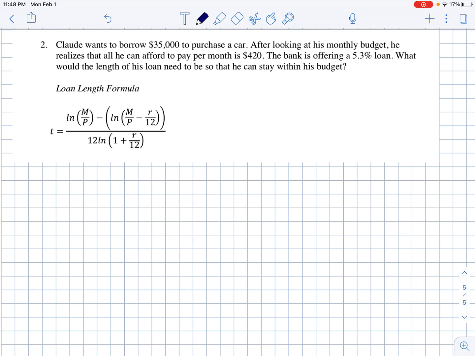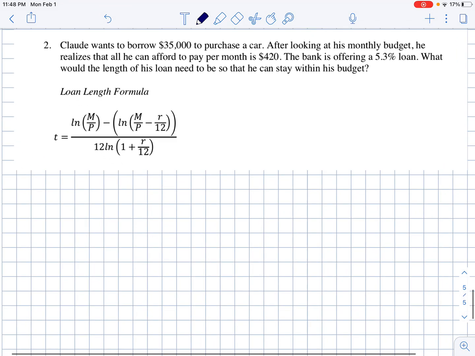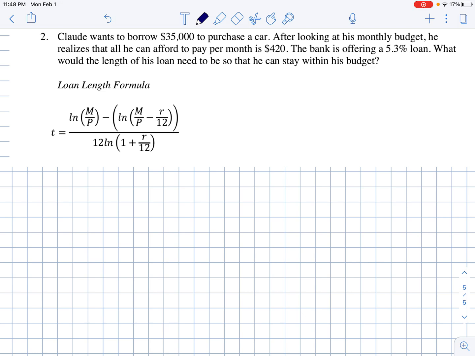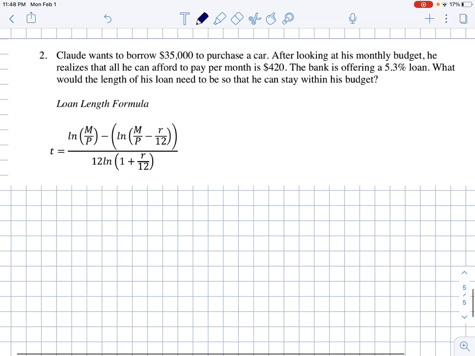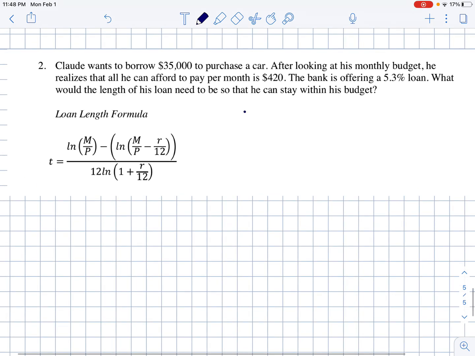Claude wants to borrow $35,000 to purchase a car. After looking at his monthly budget, he realizes that he can afford to pay $420 per month. The bank is offering a 5.3% loan. What is the length of the loan that he needs so that he can stay within his budget? So here's the formula we have here. Okay. For natural log in there, of course, T is length of loan or time.